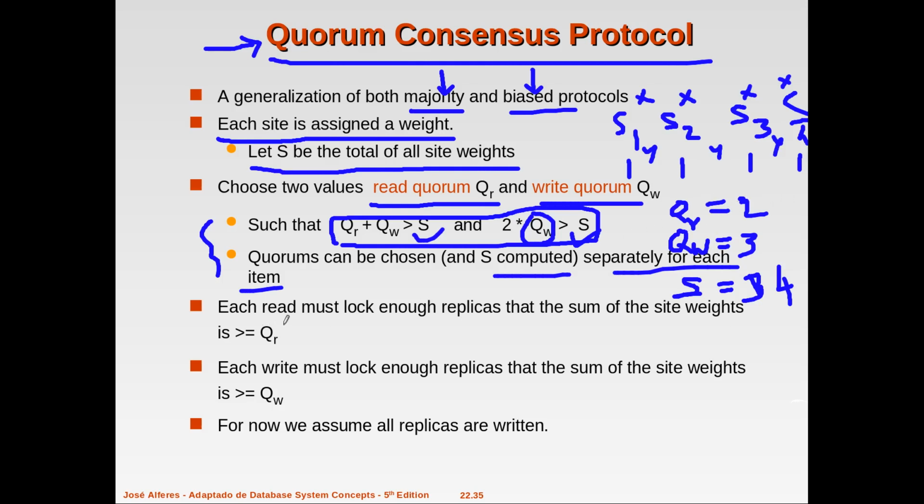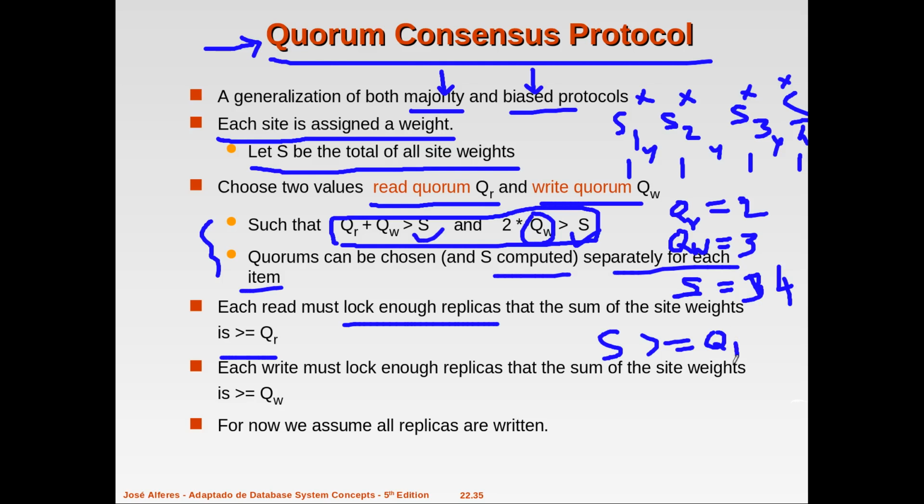Now each read must lock enough replicas such that the sum of the site weights is greater than or equal to QR. So in order to lock replicas for a read operation, the total site weight must be greater than or equal to QR. That is the condition to be followed.